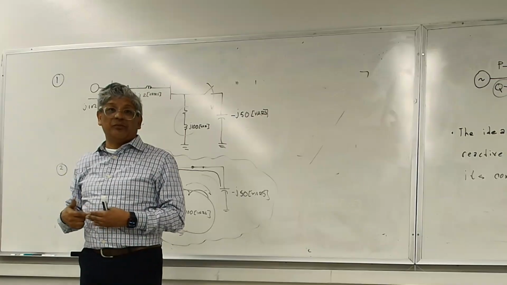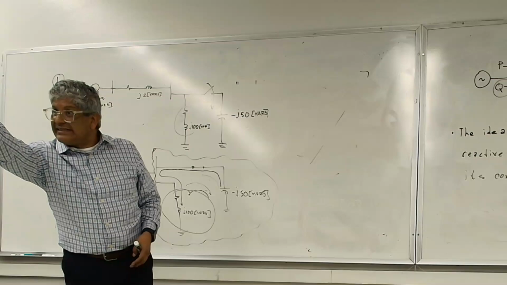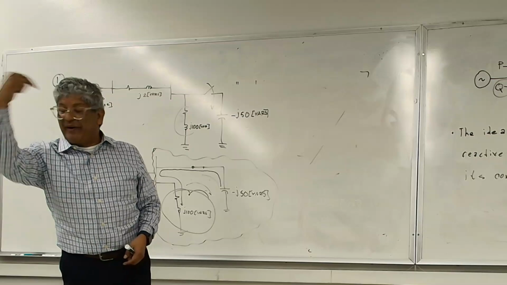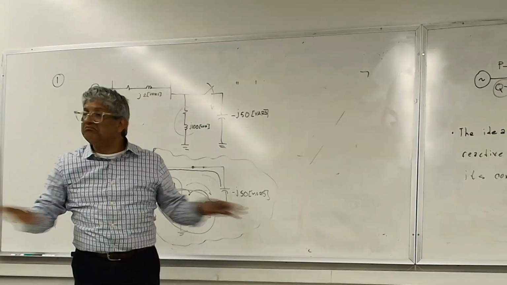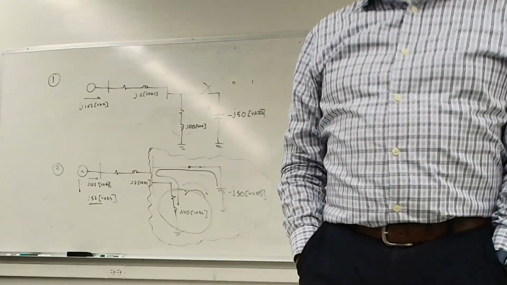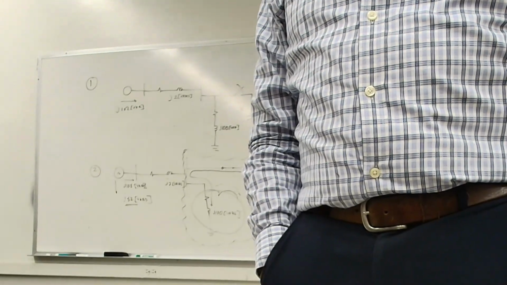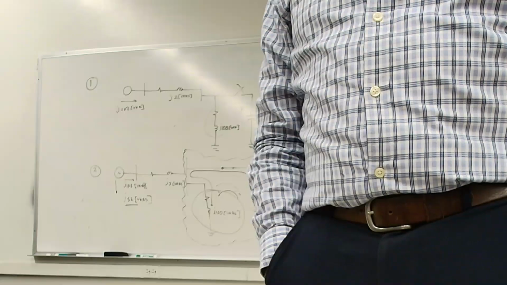Therefore, it improves the power factor that the utility sees. But the load power factor is never gonna change. Do I make sense? Business-wise, it depends on how much the penalty is and how much the capacity.